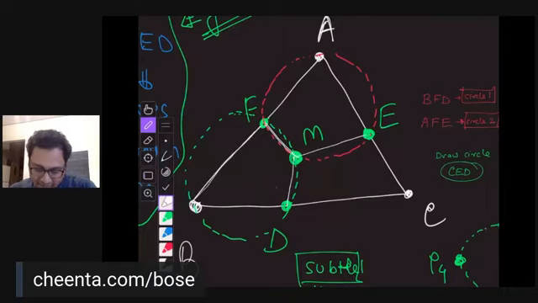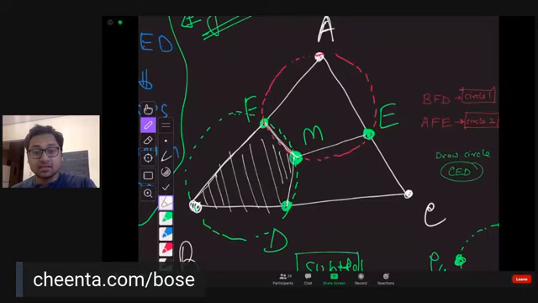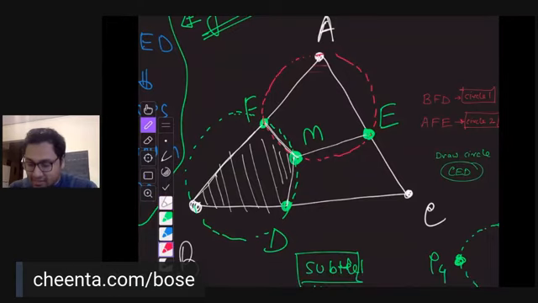So what I'll do is I'll just shade this one in white. We know that these 4 points all lie on the same circle. That's almost by definition. That's true. And we also know that these 4 points lie on the same circle.